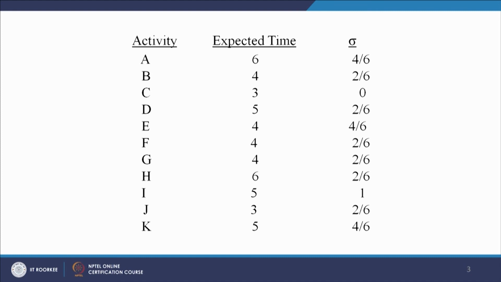Using this formula we can calculate the expected time, and we can first calculate the variance and accordingly the standard deviation, which is simple mathematics, for each and every activity.